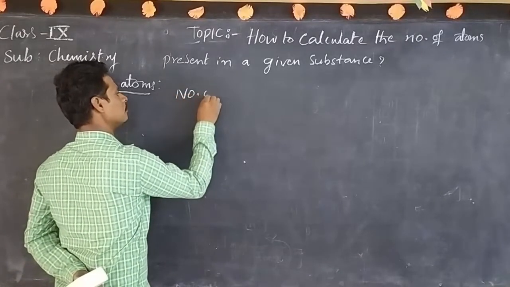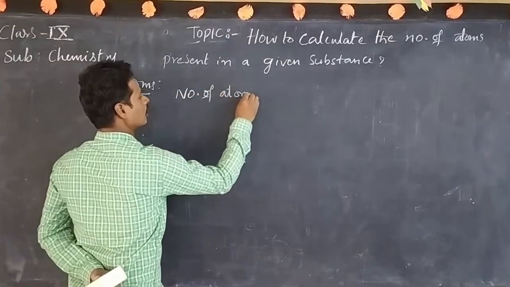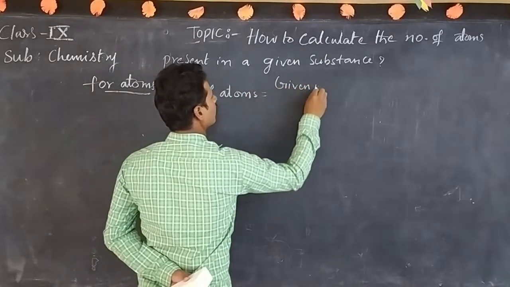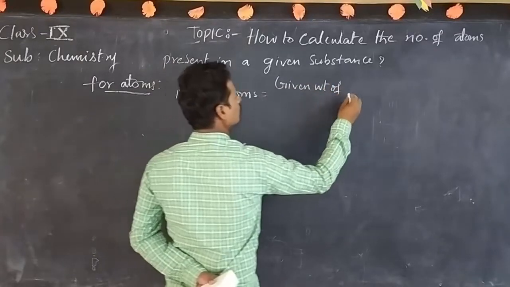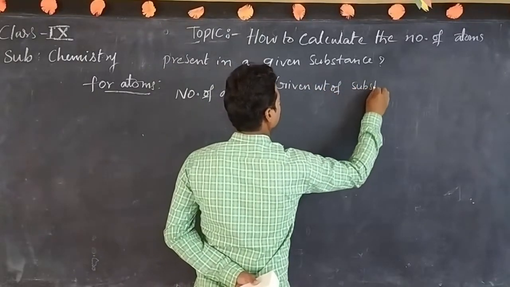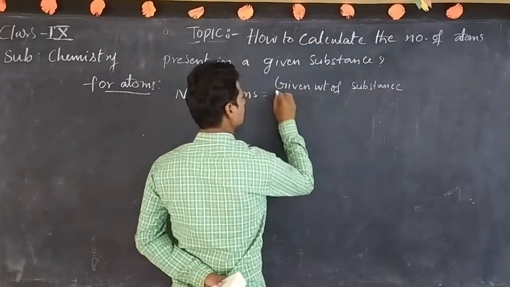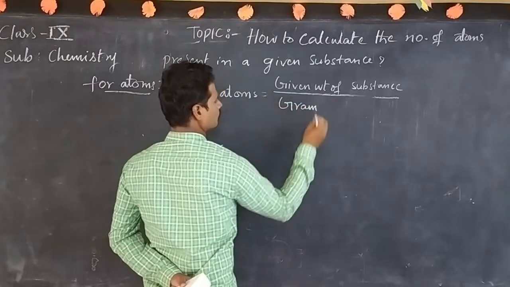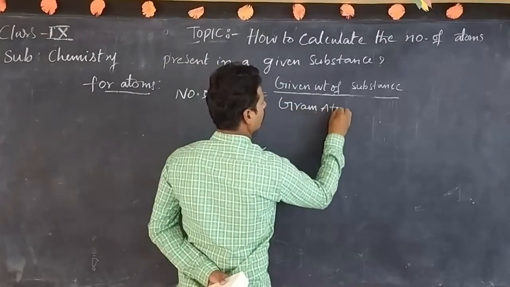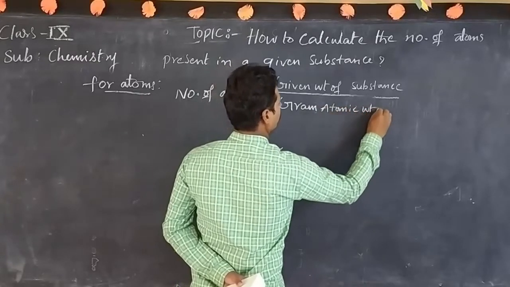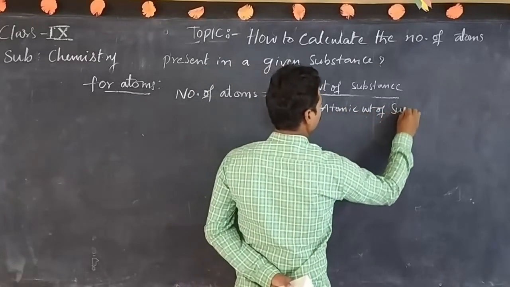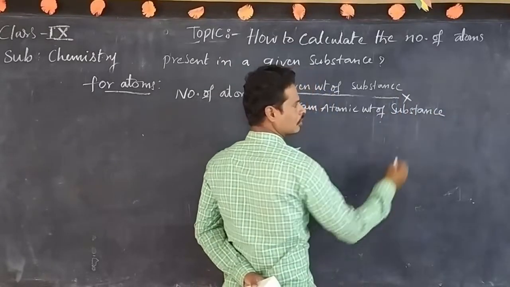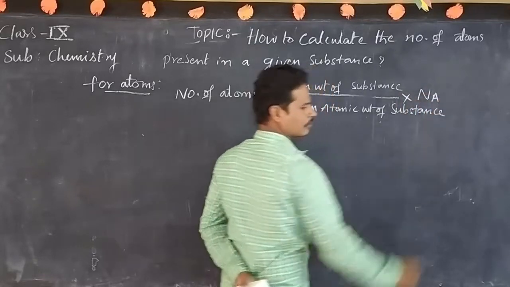Number of atoms equal to given weight of substance by gram atomic weight of substance into Avogadro number.